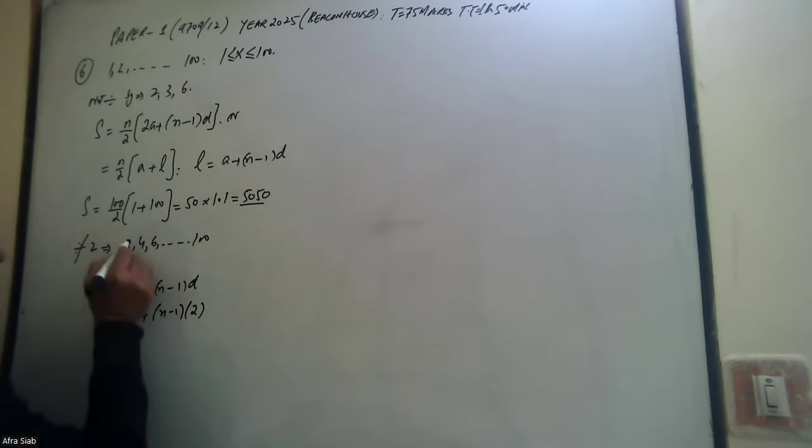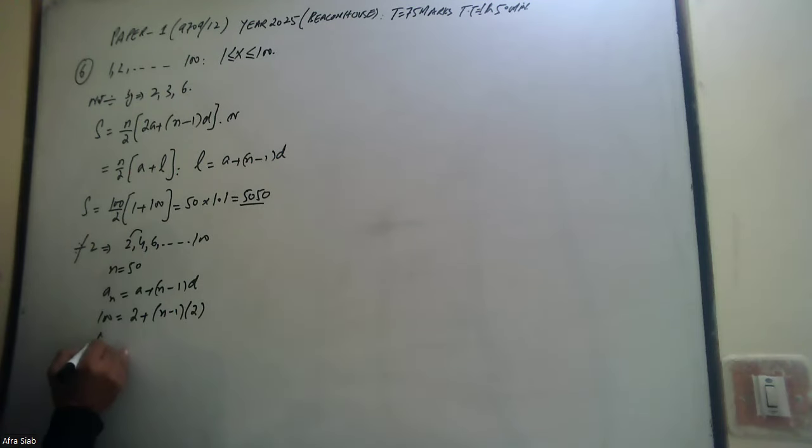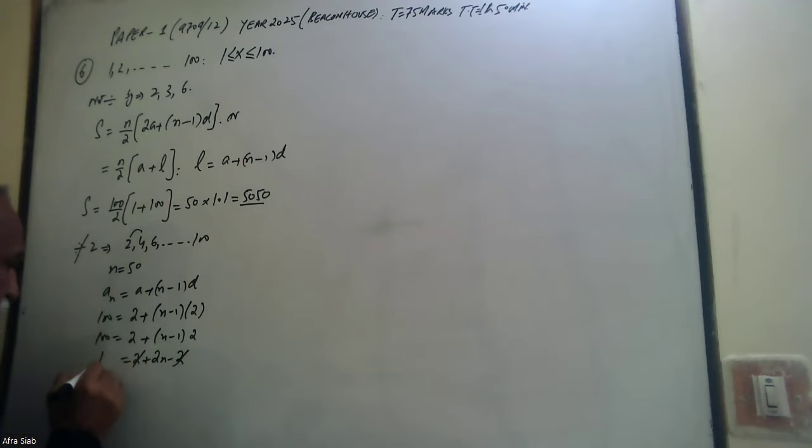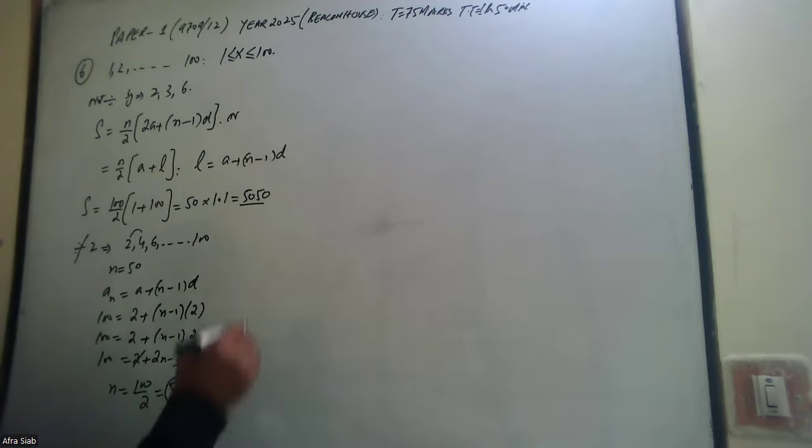So 100 is equal to 2 plus n minus 1 into 2, which is equal to 2 plus 2n minus 2. So n is equal to 100 over 2, which is 50. That's why we have taken n is equal to 50.